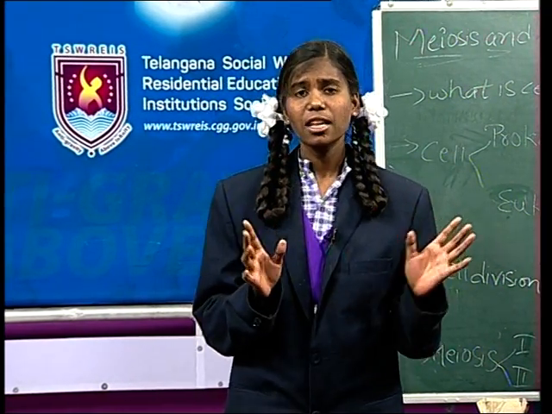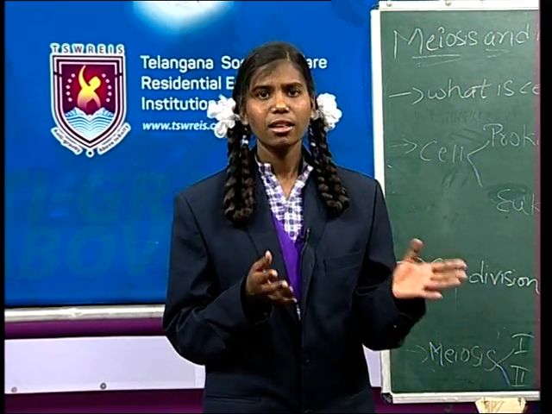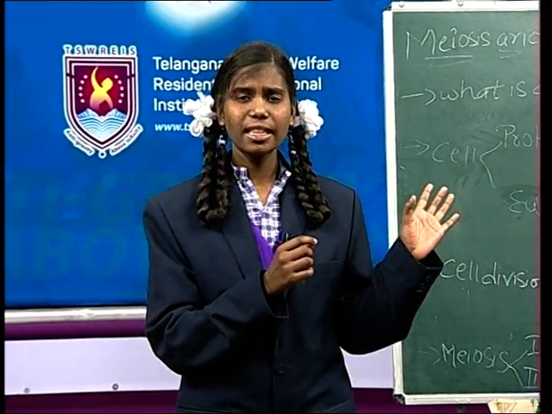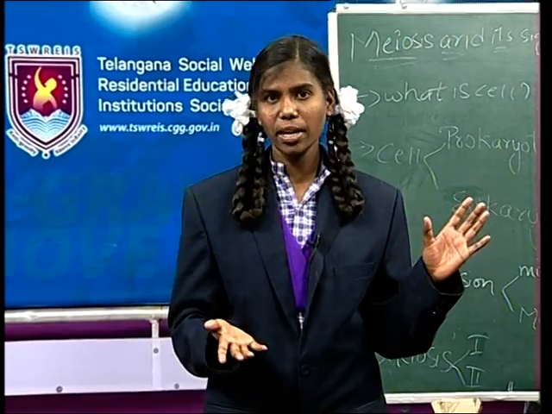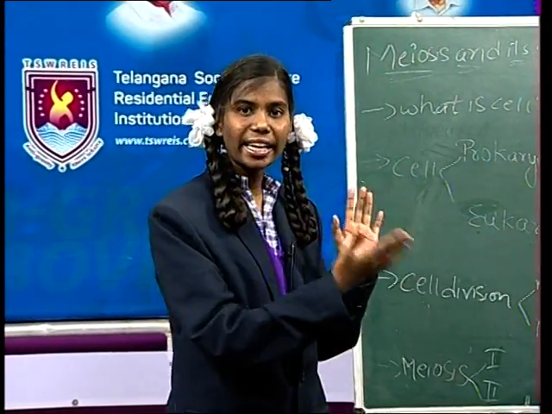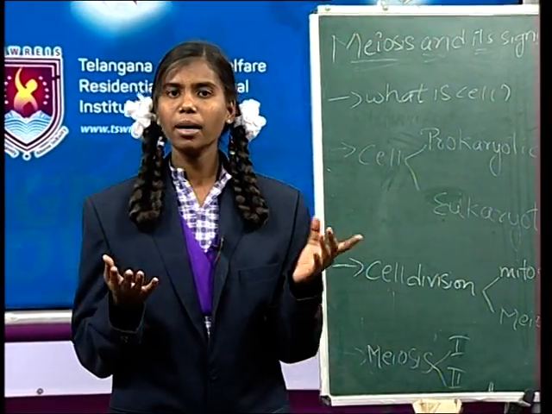So here, friends, today we have discussed many things. What are they? Cell, prokaryotic, eukaryotic. So here we can see that various plants are forming. Here the scientists are doing various breedings because we all are depending on the plants.